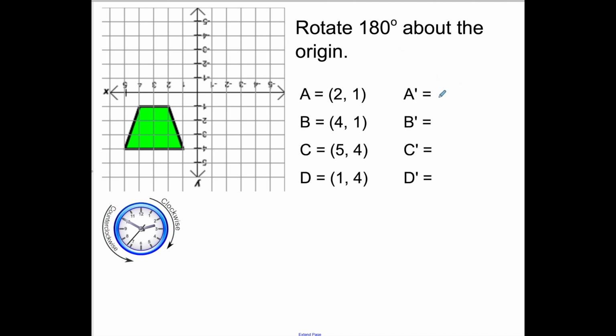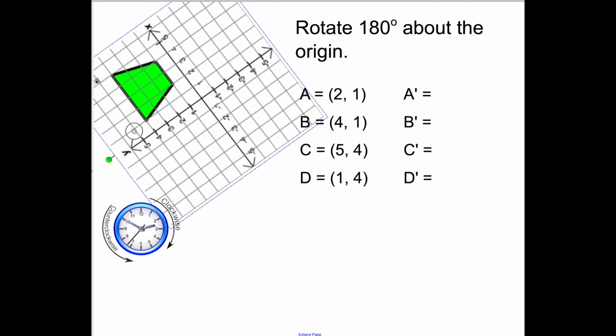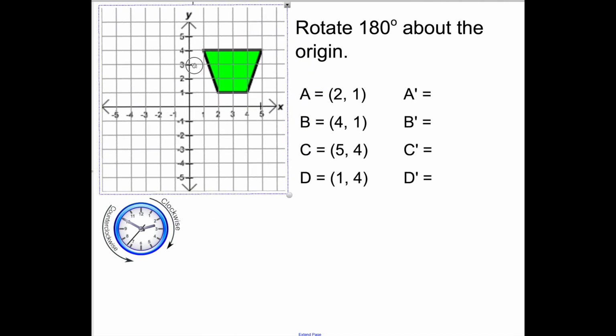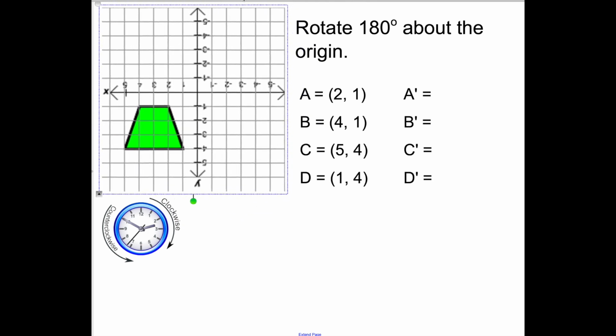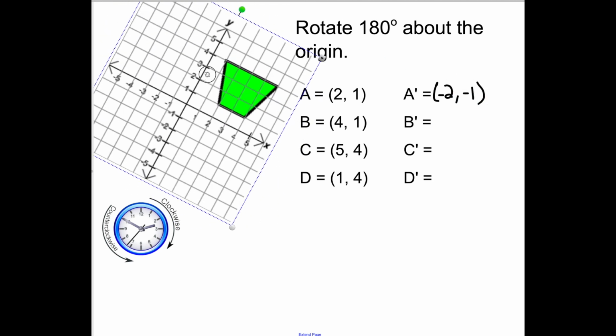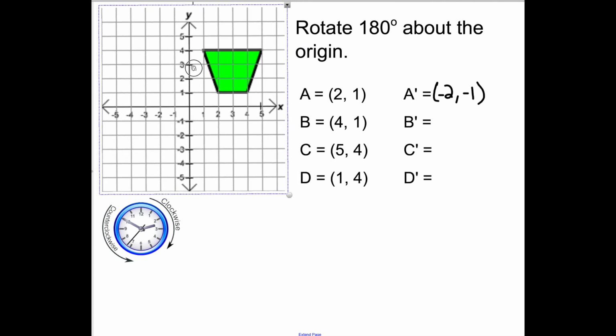Okay, so notice now this is where it gets difficult because A was at 2, 1. Now A has gone to -2, -1. Okay, A was that bottom point. Okay, B was at 4, 1.